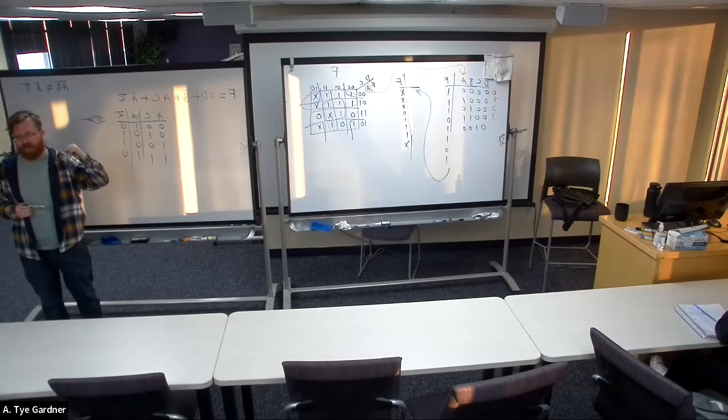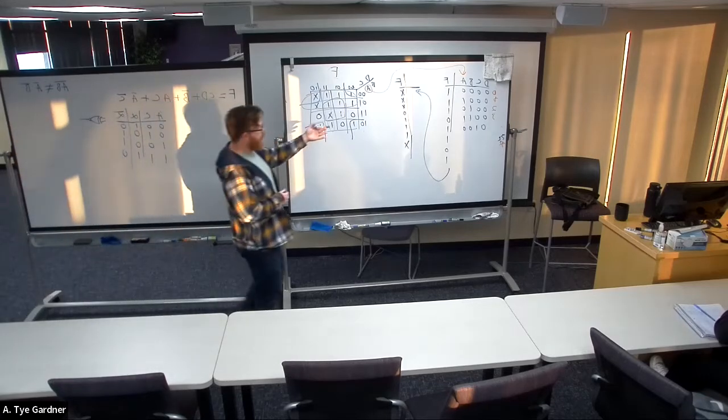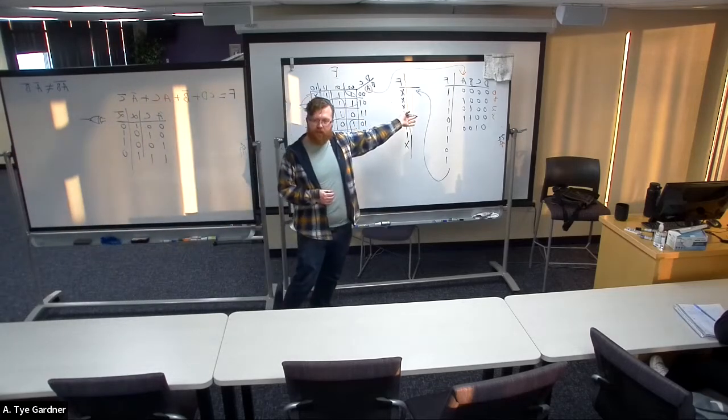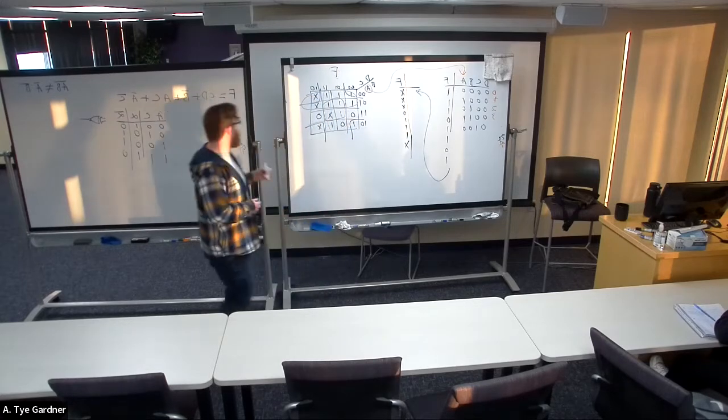Canonical form is what they're called. If we were to write this expression, we have canonical forms for this expression for F, which is one of them. One of the ways we can write it is a truth table.